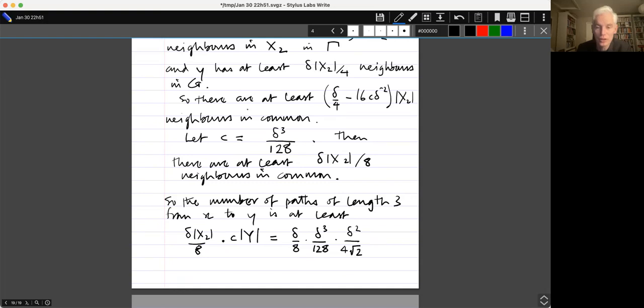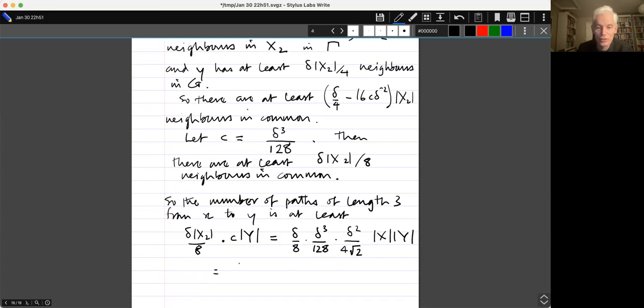And we had a, so then times x times the size of y. So what does this end up as? Well, that gives us a delta to the 6, but less than or equal to, so this root 2, there's no point in keeping it when you've got such a big power of 2 anyway.